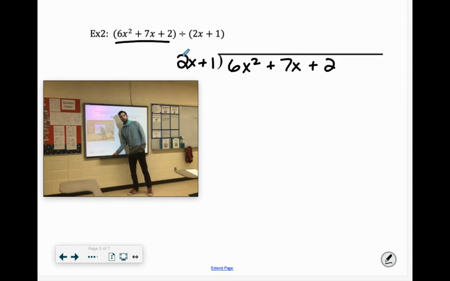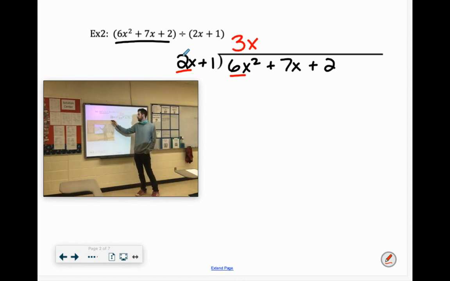Now we're taking it one term at a time. Look at the 2x. 2x times what would give us 6x squared? And we would say that's 3x. So we're going to multiply both of these terms by 3x. 3x times 2x is 6x squared. 3x times 1 is 3x.